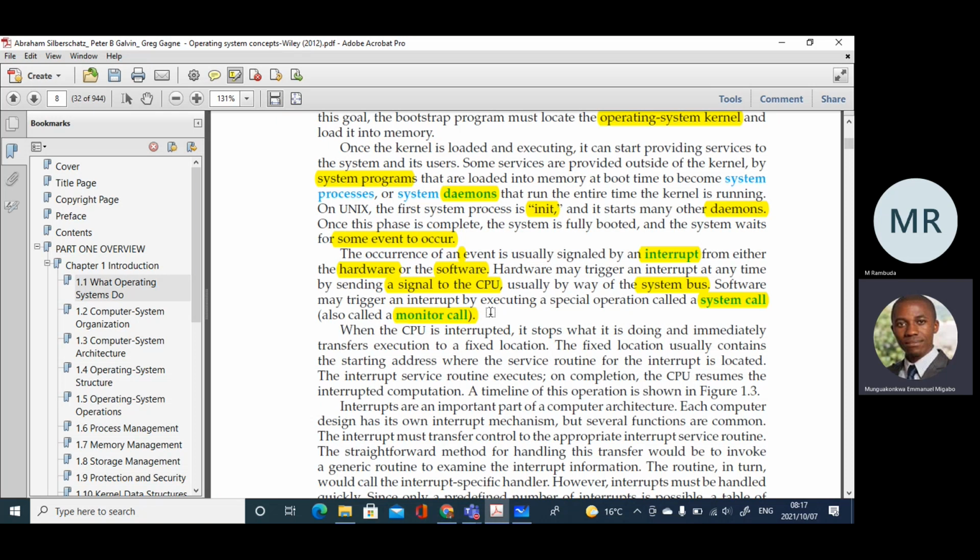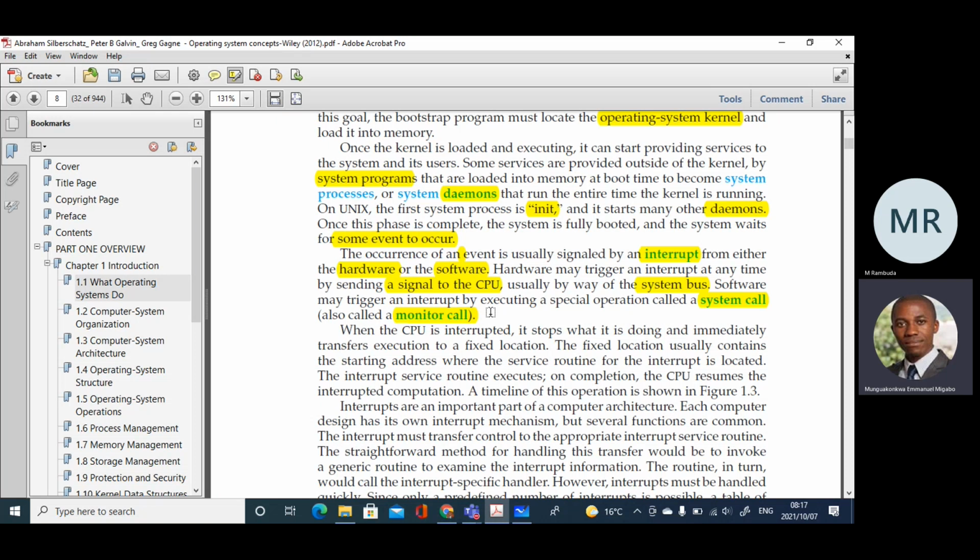So whenever I click, for example, at the level of the operating system, that is interpreted as a system call. So a system call is issued from the controller mode, from the operating system, to handle that interruption.